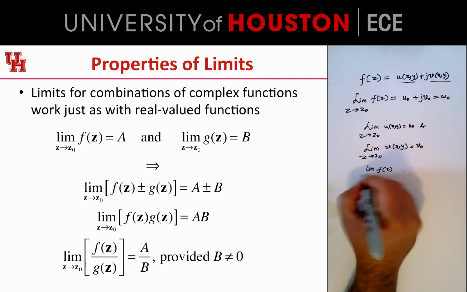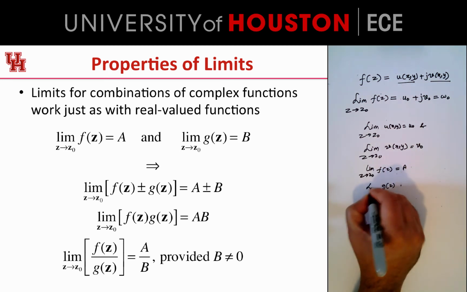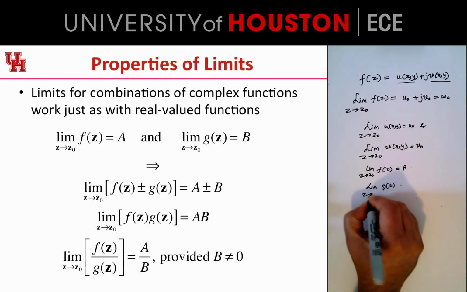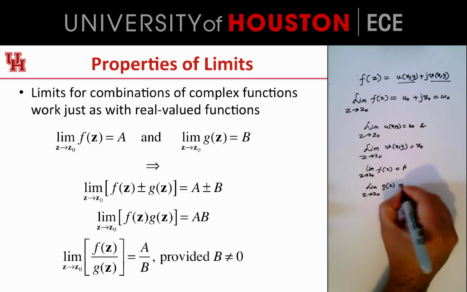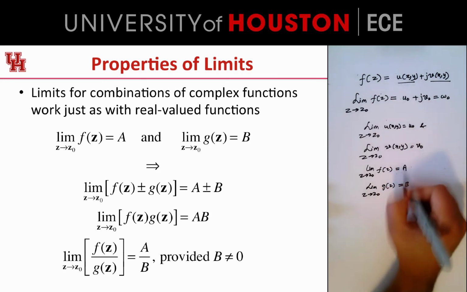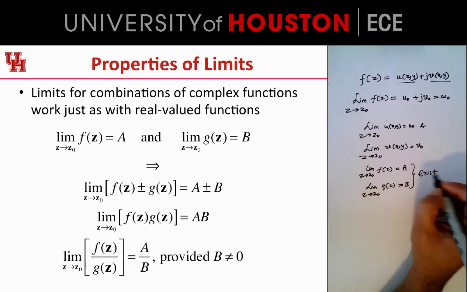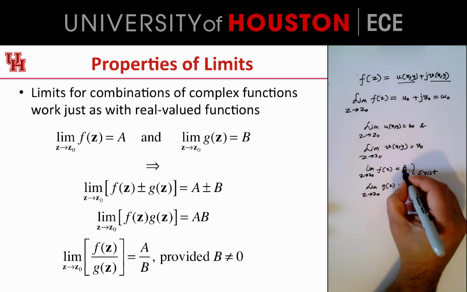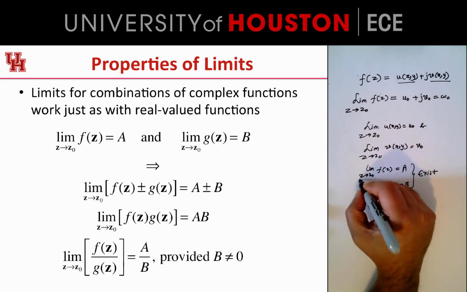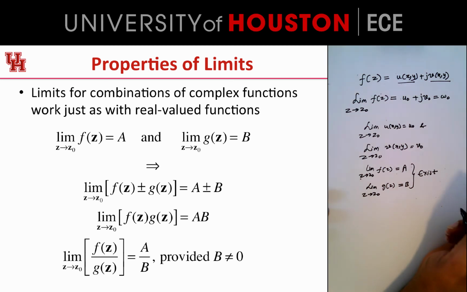So suppose the limit as z goes to z naught of f of z is, say, a, and the limit as z goes to z naught of g of z is b. So these two limits exist, and we know what they are. In other words, you can get to a regardless of how you get from z to z naught, and you can get to b regardless of how you get from z to z naught for g of z.